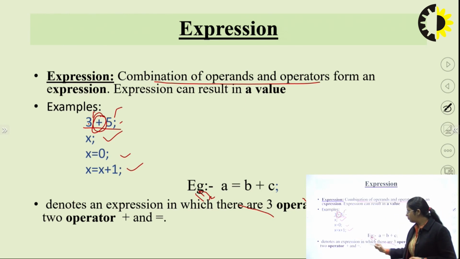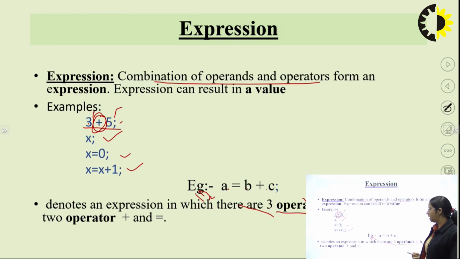Again, for example, A is assigned B plus C. How many operators and how many operands are there? You can easily identify that A, B, C are the variables, which we call operands, and the assignment operator and the addition operator are the two operators.